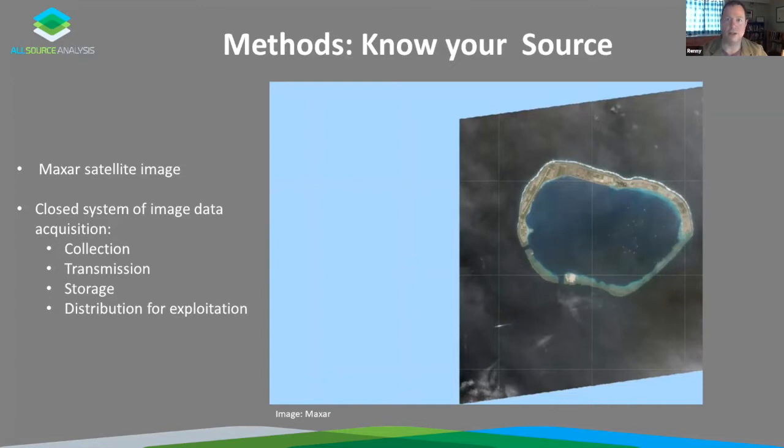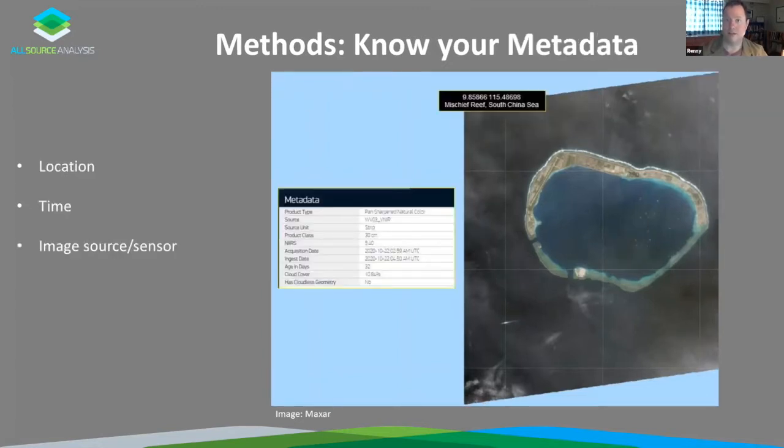Now, we need to know our metadata. That's the next step. That means every piece of image data, every piece of geospatial data has information about that data embedded in it. In the case of a satellite image, there are pieces of information attached to every satellite image, telling you where the image is.